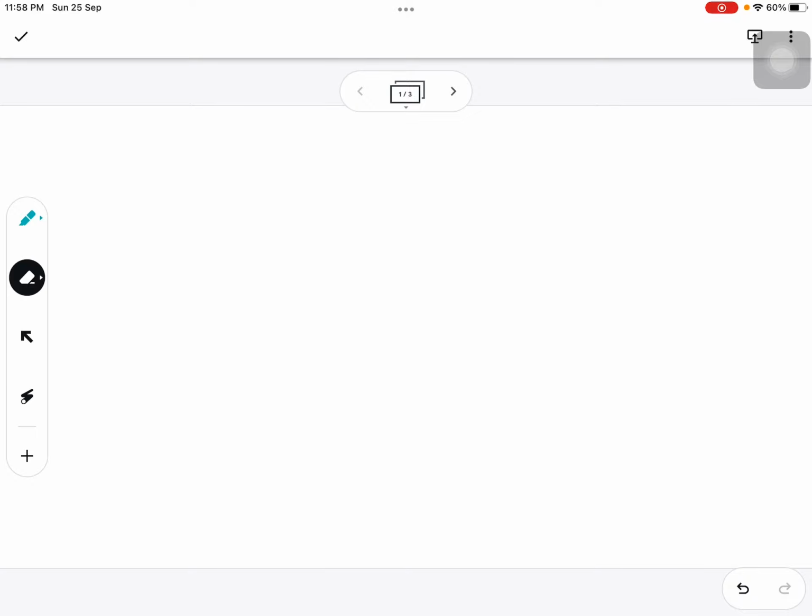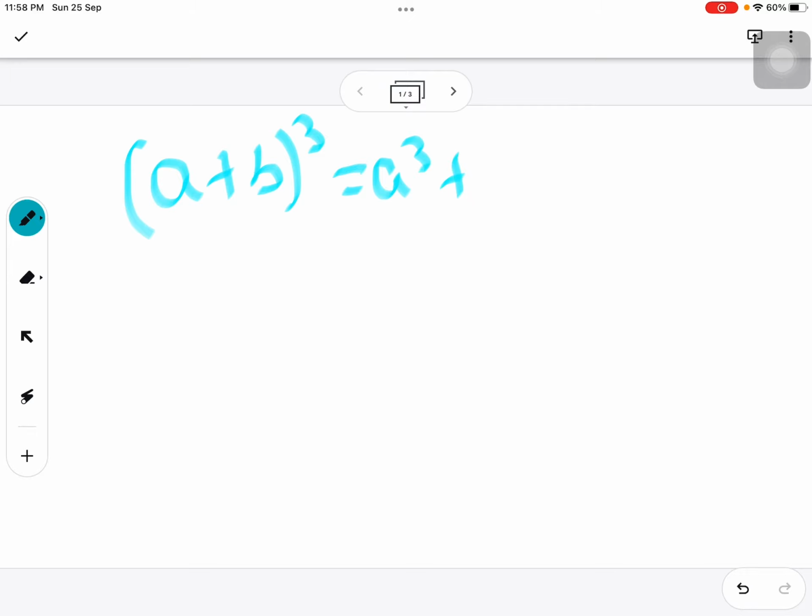Squares are done, we can look at cubes. (a plus b) whole cube, that will be a cube plus b cube plus 3ab into (a plus b).